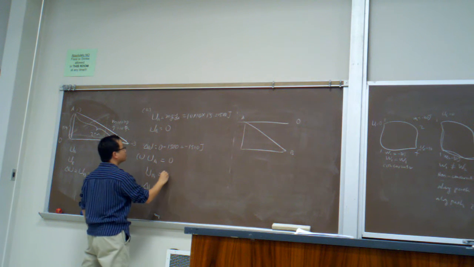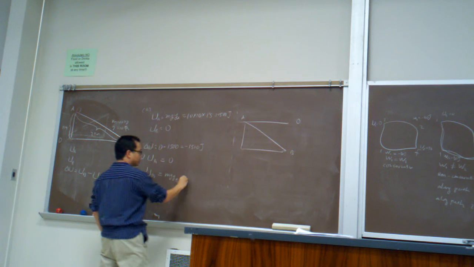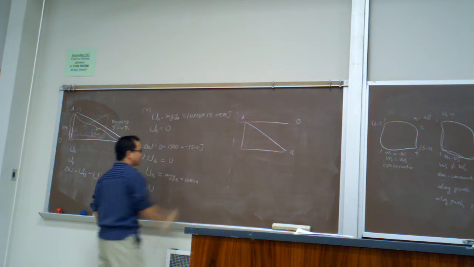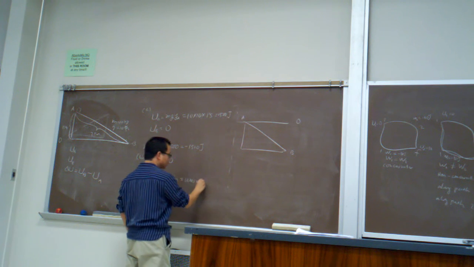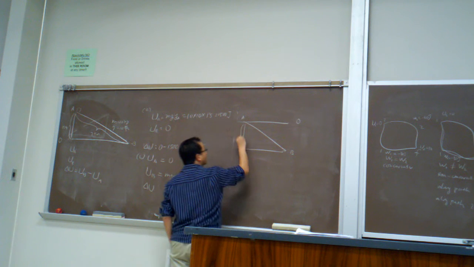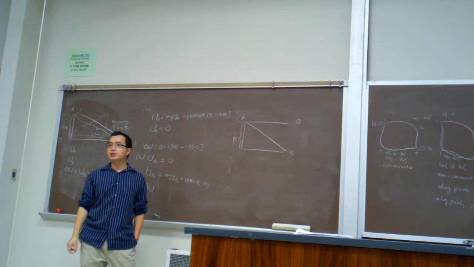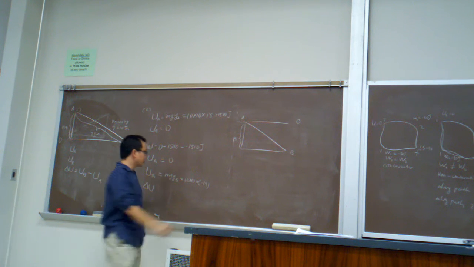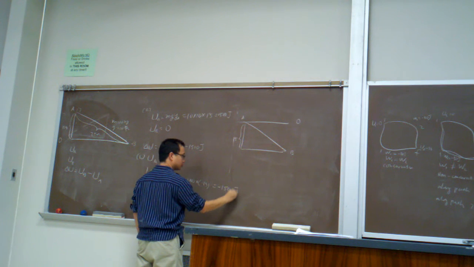And UB will be mg YB, equals 10 times 10 times YB. What is YB here? Negative 15, right? This height is 15, but it's below our 0 point. So it's negative 15, and you will get negative 1500.